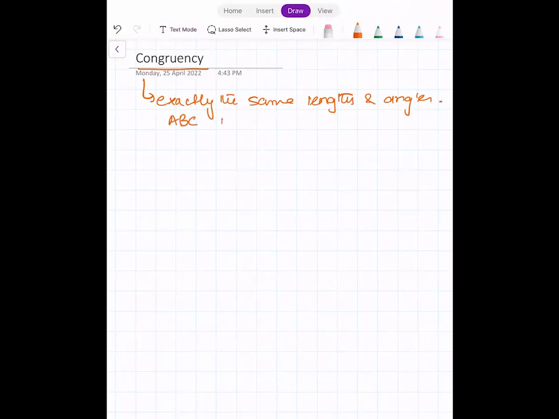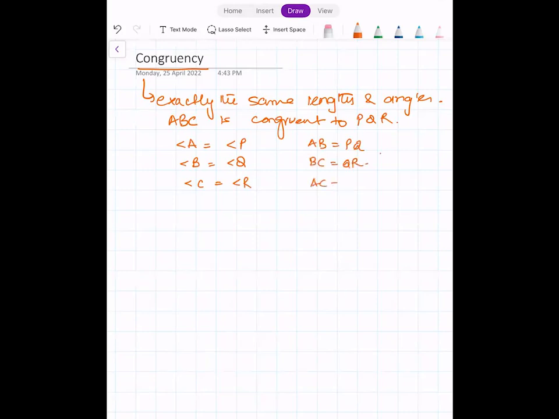So if I say ABC is congruent to PQR, it means angle A is equal to angle P, angle B is equal to angle Q, angle C is equal to angle R, AB is equal to PQ, BC is equal to QR, and AC is equal to PR. So that's how you make the pairs. This is equal to this is equal to this, and these are equal to these.